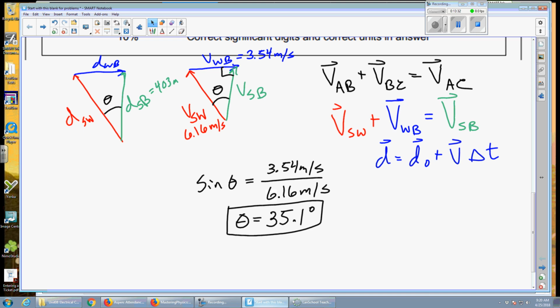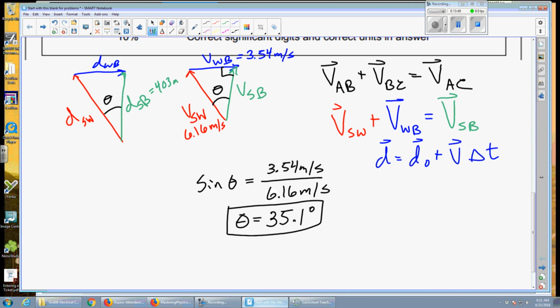So with red, I know my velocity, but I need to know my displacement. So I'm going to find my displacement from the fact that I know theta and I know the green side of the displacement triangle.